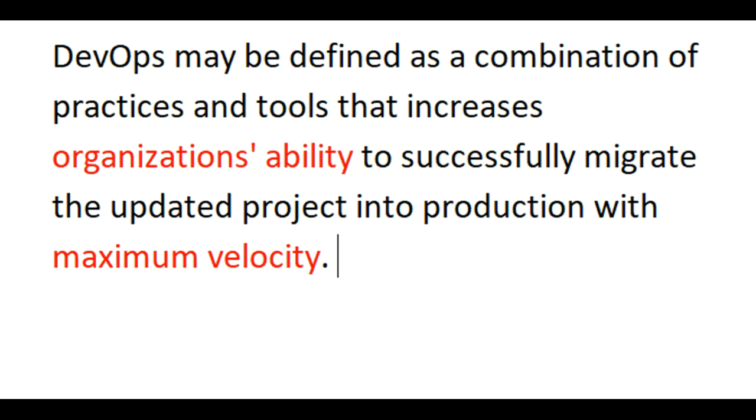So then came the concept of DevOps, which not only minimized the time to move the application into production, but also defined a set of practices and tools to get it done easily with the help of automation.